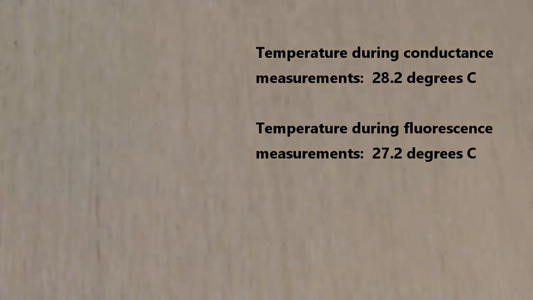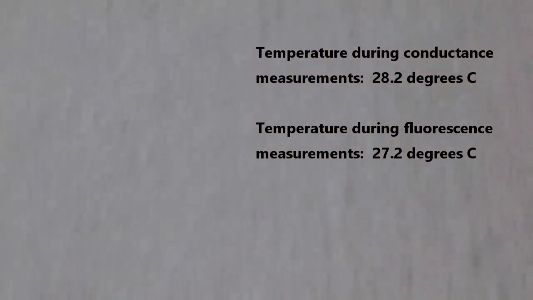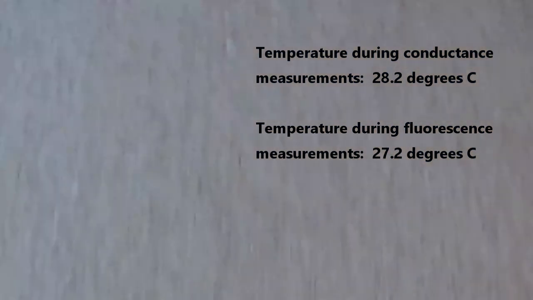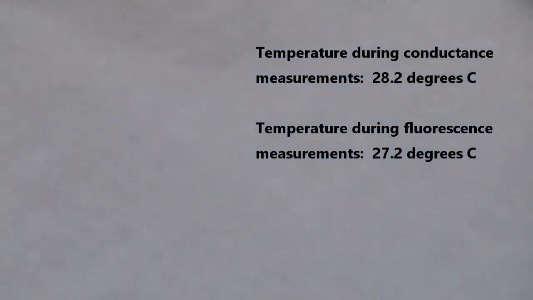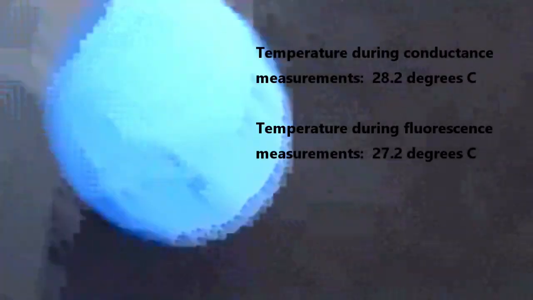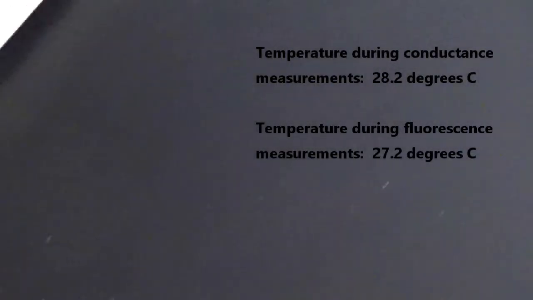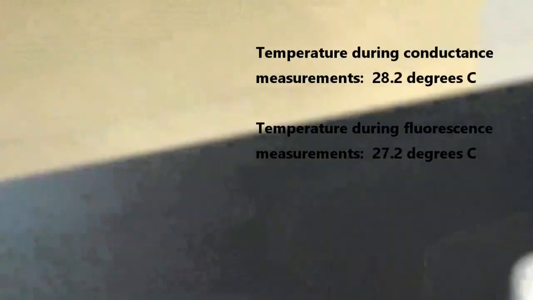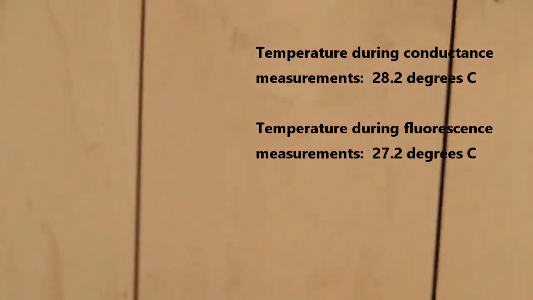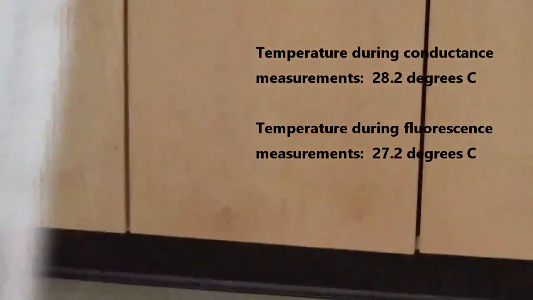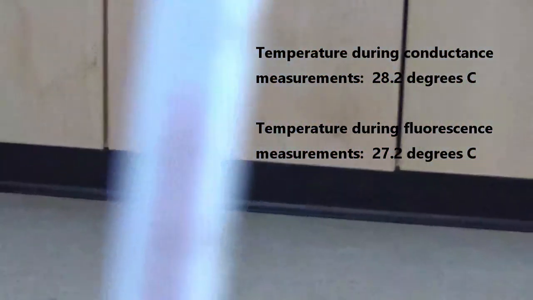One other thing I wanted to mention was when I did the conductivity measurements, the temperature was pretty hot in this room. It's actually gone down a little bit, but it was 28.2 at the time, 28.2 degrees Celsius. Now it's changed. It's a little bit cooler in here now, thank goodness.